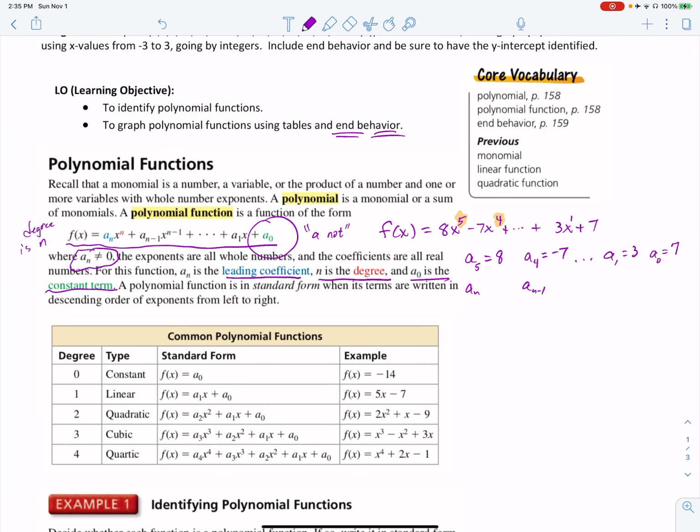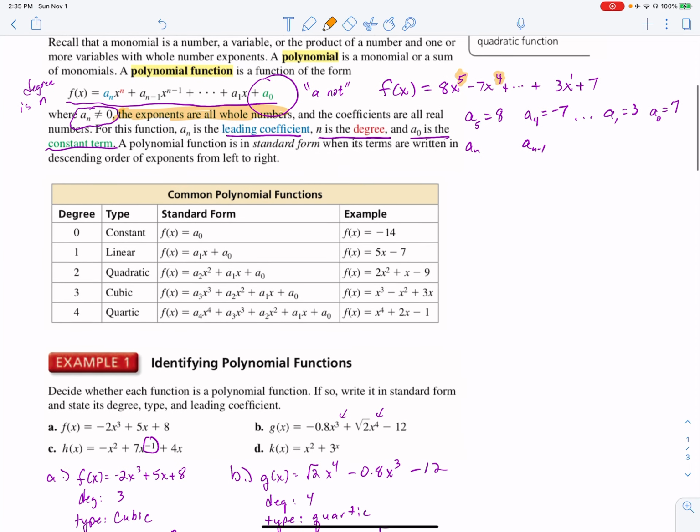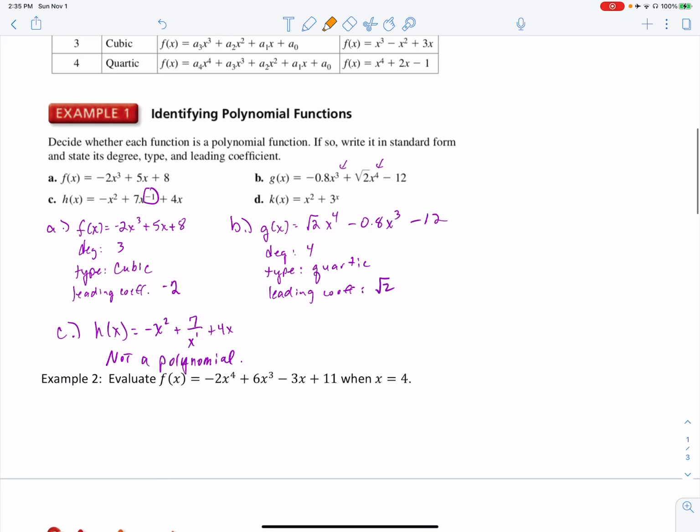If we go back up here, the exponents have to all be whole numbers. And whole numbers are those 0, 1, 2, 3, 4, 5. You can't have -1, -2, -3, or rational. You can't have 2/3 or 3/5. Exponents have to be whole numbers. And so it defies the definition of a polynomial, so C is not a polynomial.